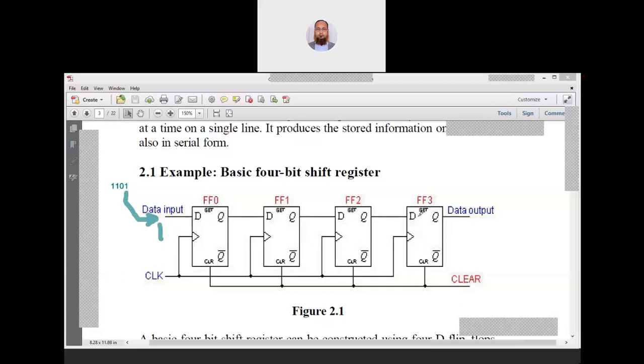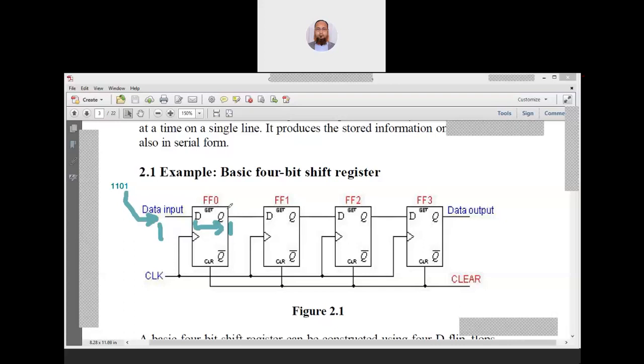Initially all flip-flops were 0. Now we change data input to 1 and the clock appears. As soon as the clock comes, this D input will reach to the output and this will become 1. Okay, and this D will become 1.